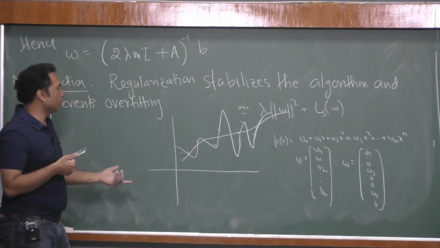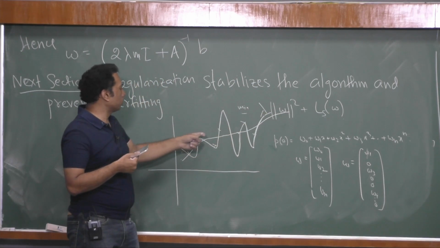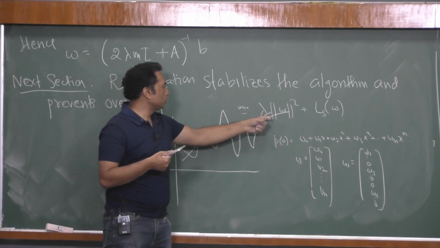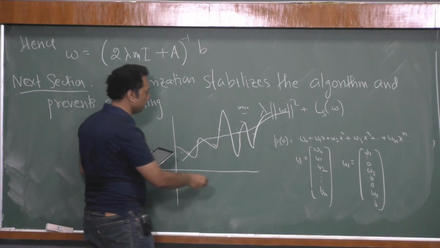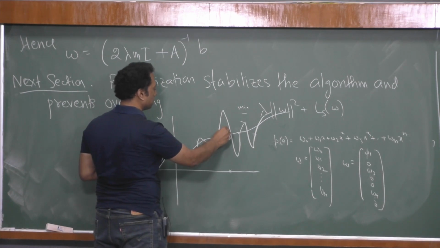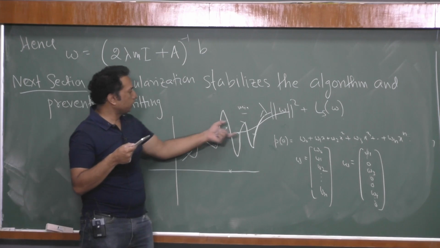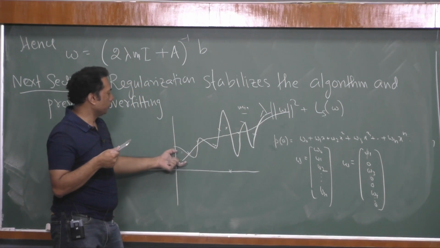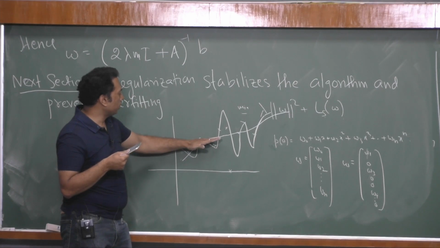Because of this, it has forced the model to not overfit, because this one is clearly overfit. If I have training data here, and the data was somewhere here, then as I said, in a machine learning problem the data itself may not be perfect. Sometimes during data collection you may have some error.